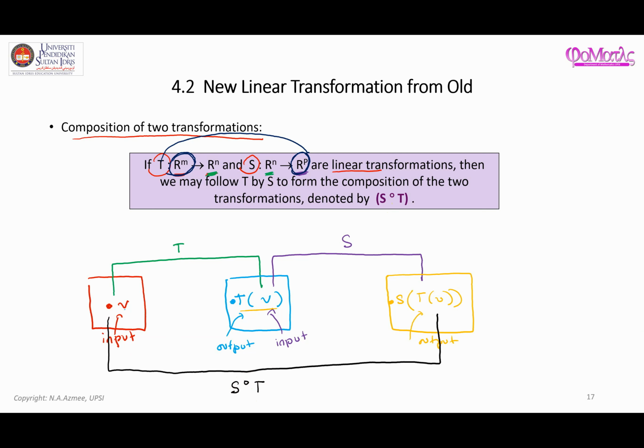So the result of this function is going to be equal to this result. We call it the composite function, the composition of two transformations, and we give the input V to that. So that's the idea. This is what we're looking to find.